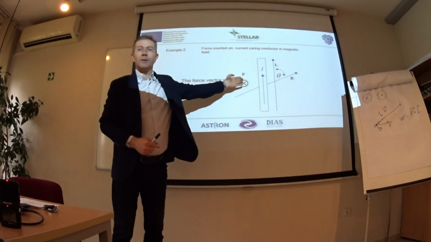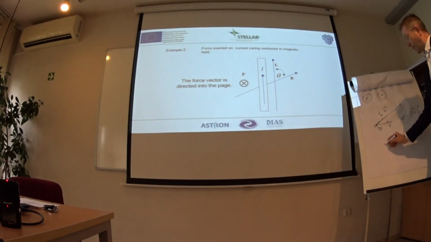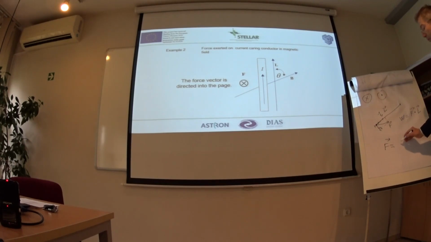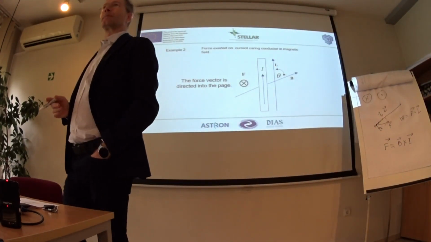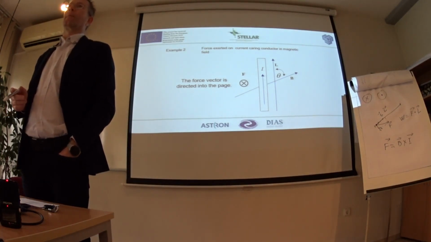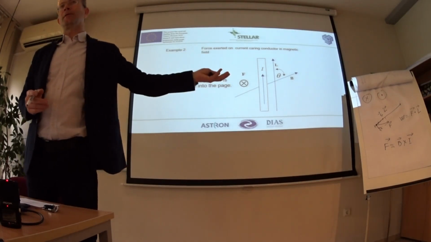And basically, this will be B cross I, the current. So this is where the cross product takes place.